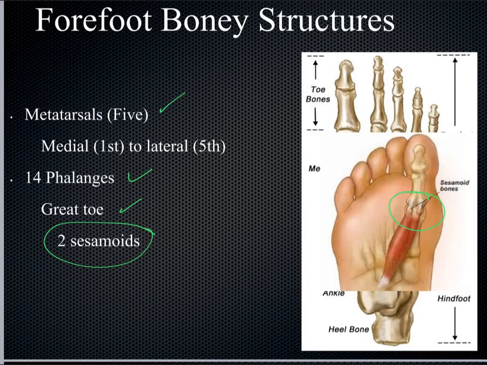In this particular case, it's the flexor hallucis muscle, right? The ability of the toe to move into a flex position. So forefoot wise, these are the bony structures. The major role of the forefoot, quite honestly, is its ability to get us into the toe off phase or terminal swing phase of gait.